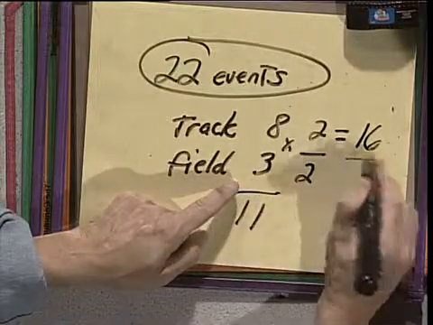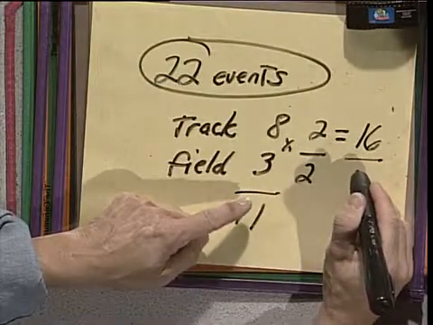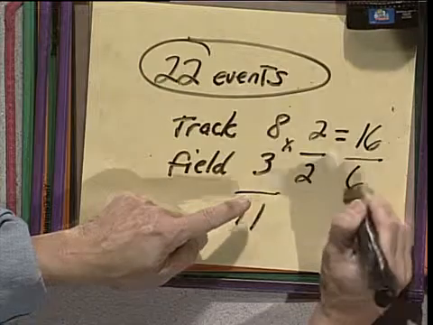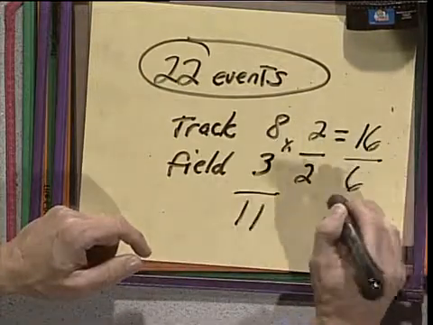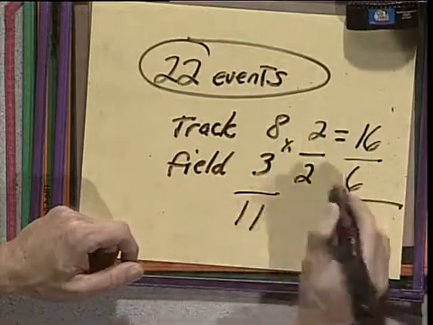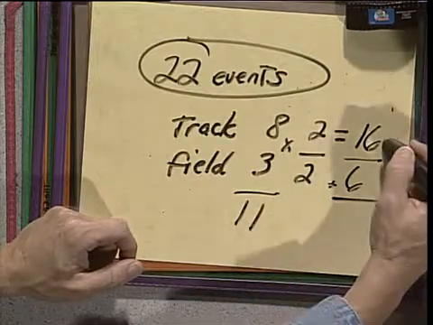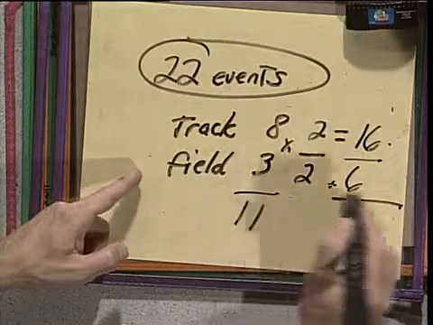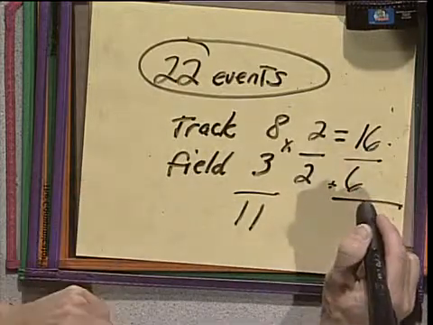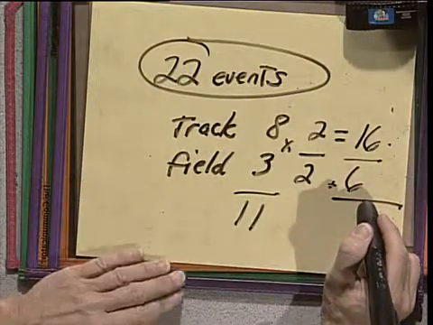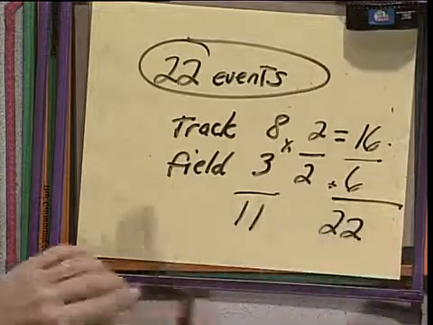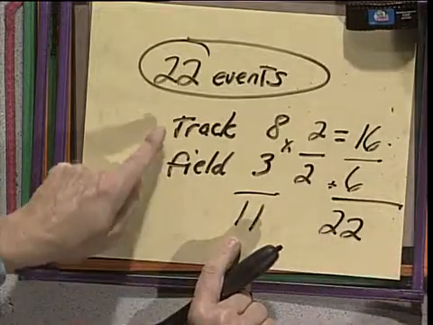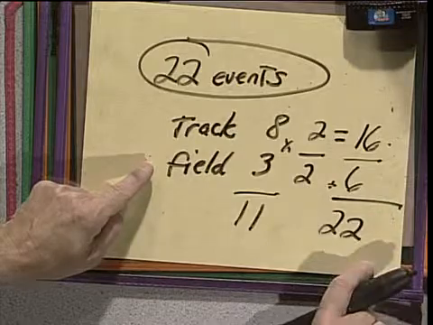What's 3 times 2? 6. We multiply track times 2, field times 2. How much is 16 plus 6? 22. So by doubling the track and field events, we end up with our 22 events.